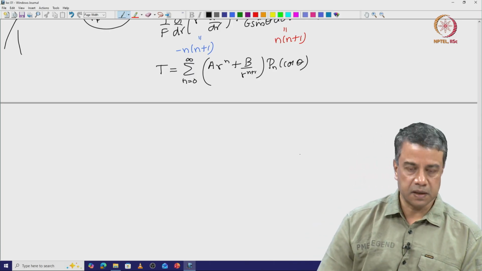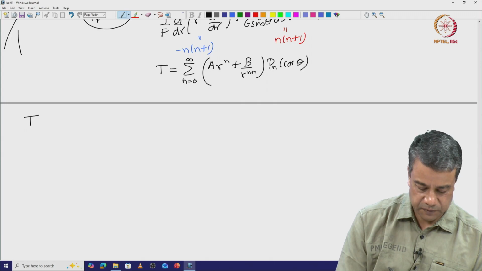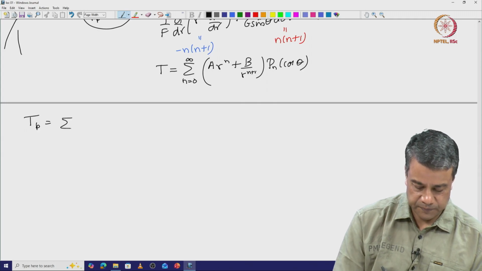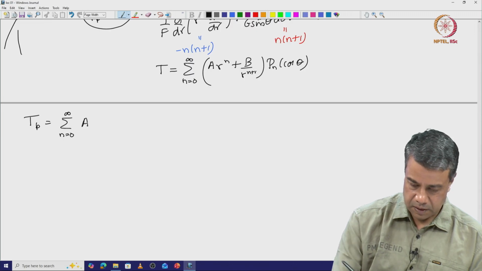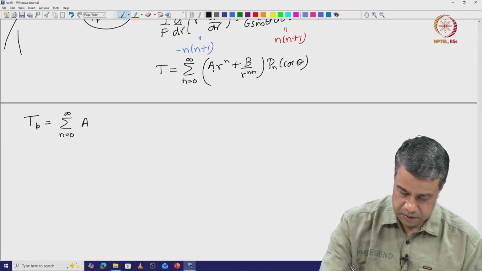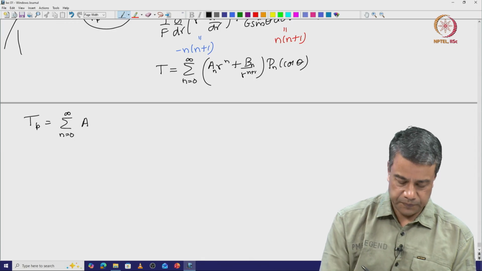Therefore, the particle and the matrix temperatures are both of the same form. T particle is equal to sigma n is equal to 0 to infinity of a n, I am sorry, it should be a n here because each of these coefficients has to be different.